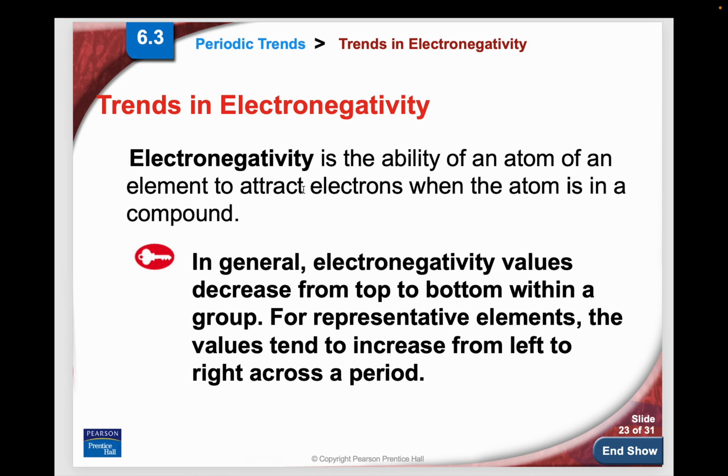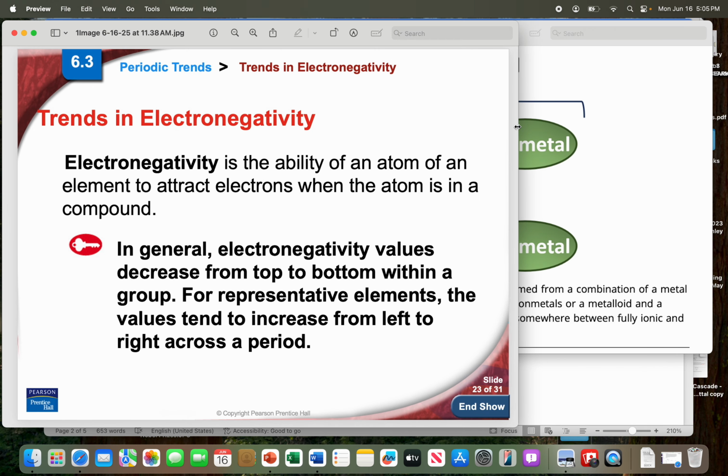that trend, if you will, that property is determined by many factors, but mainly the number of protons and number of electrons and the electronic structure of an atom, which, as you know, in the periodic table, the atoms are grouped by order of increasing atomic number.